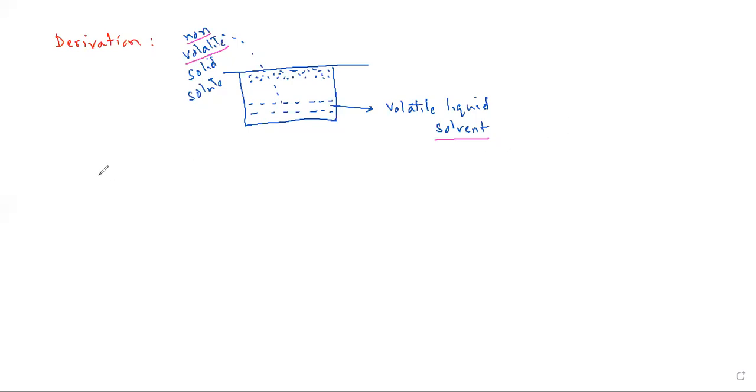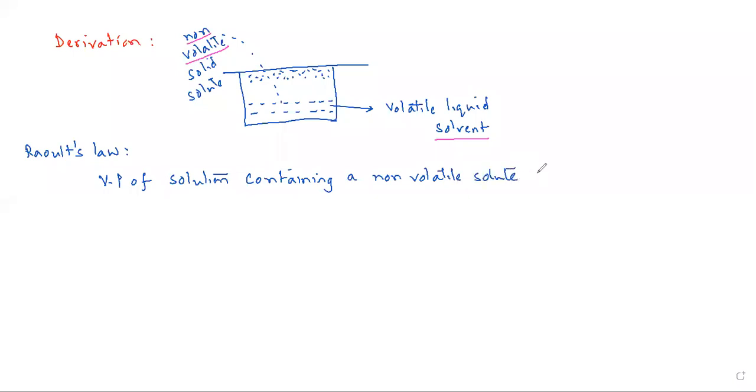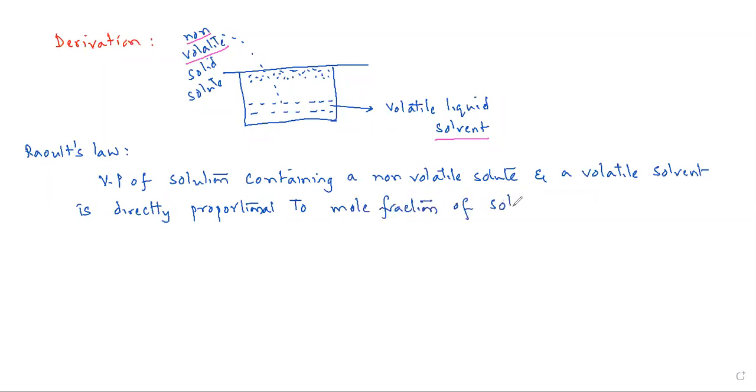See, from this, we can actually go for Raoult's law, and this can be given in the form of a Raoult's law, that is, the vapor pressure of a solution containing a non-volatile solute and a volatile solvent is directly proportional to the mole fraction of solvent, isn't it?